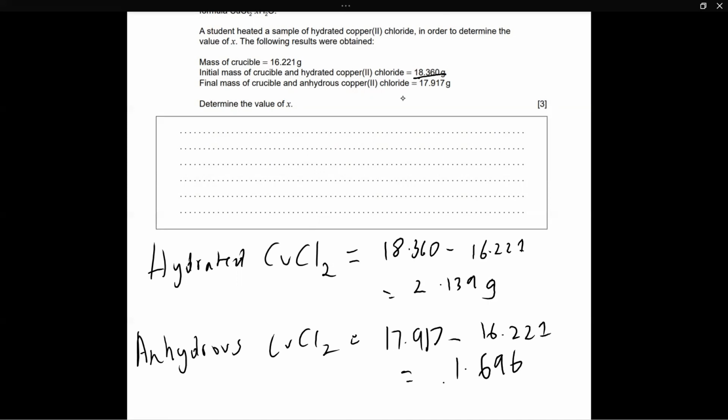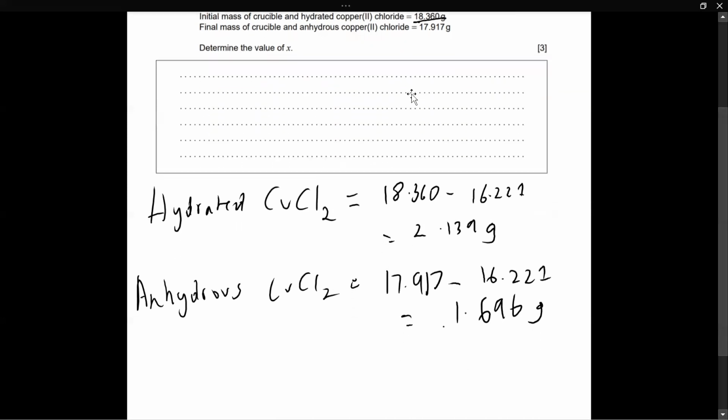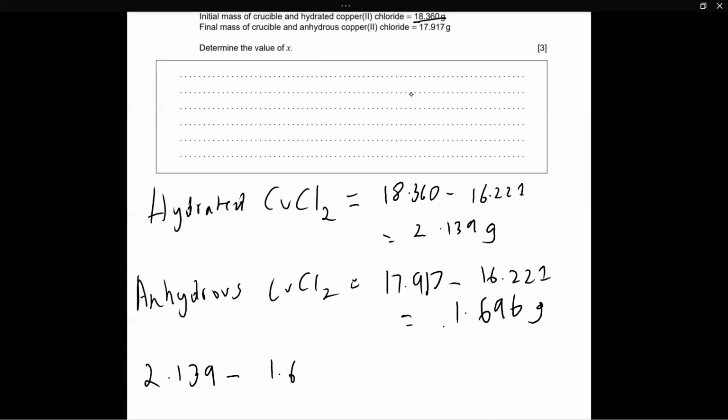Anyways, like I was saying, we need to first find out how much water the hydrated copper 2 chloride contained. And in order to find that out, I'm pretty sure you've guessed it, we have to subtract the final mass of the anhydrous copper 2 chloride from the initial mass of the hydrated copper 2 chloride.